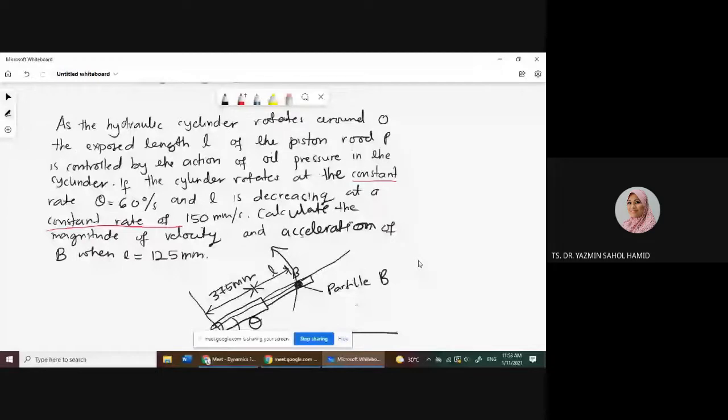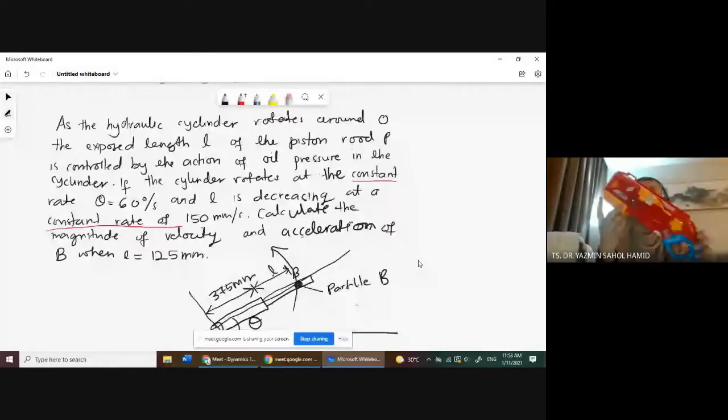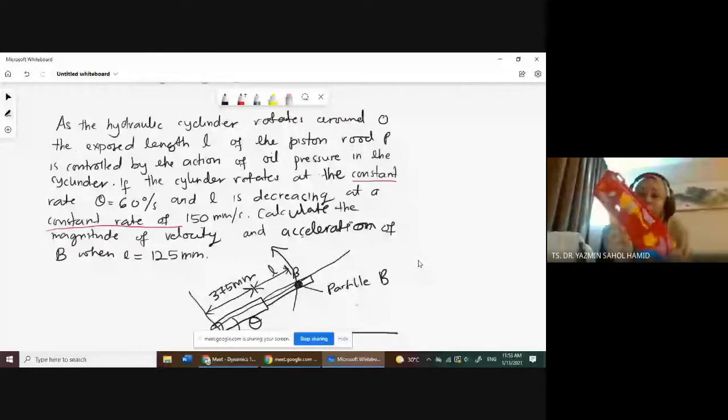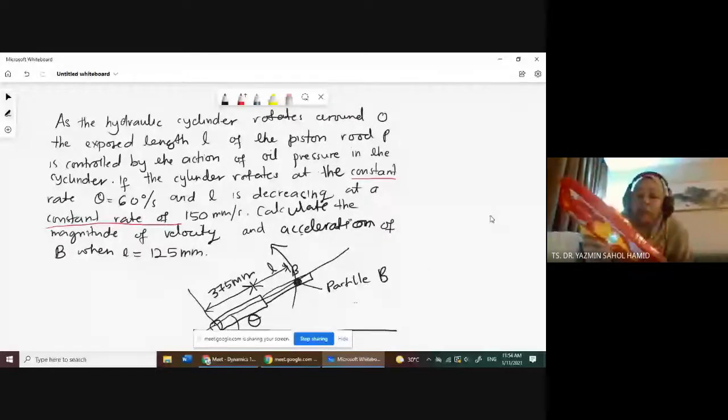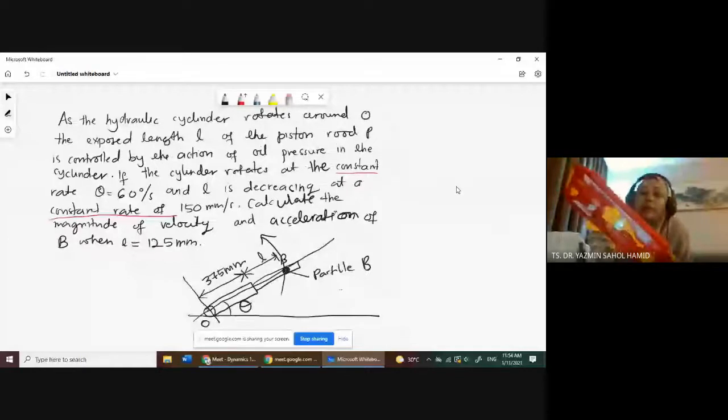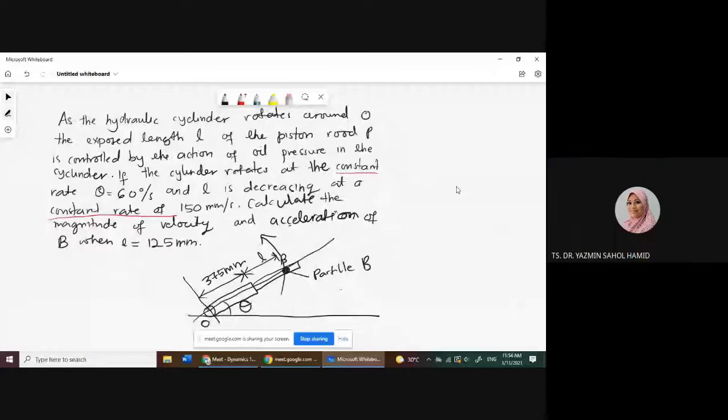Partikel P tu, ni partikel B, anggaplah yang warna orange ni. Madam. Putus-putus.